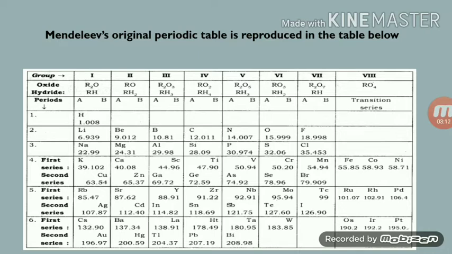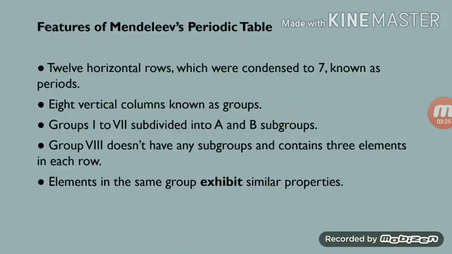You need not worry about these masses. You have to remember atomic numbers. We will discuss in detail in the next videos. So you have to know all these properties also.